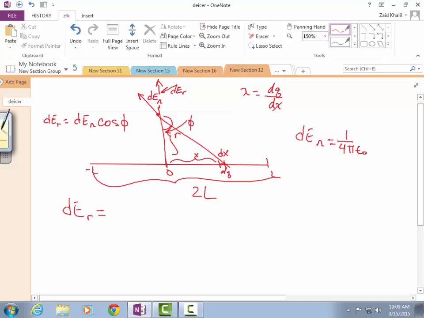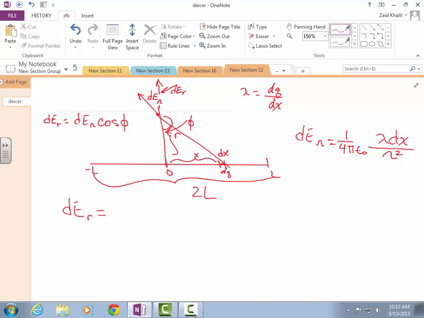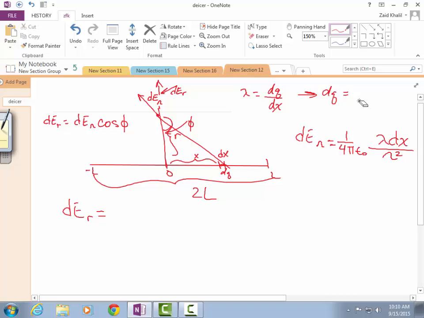One over 4 pi epsilon naught times lambda dx over script r squared, because that's just dq, which equals lambda dx.